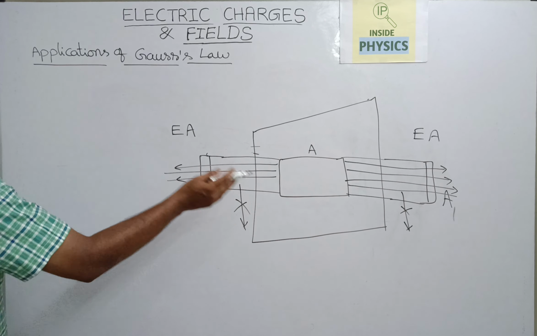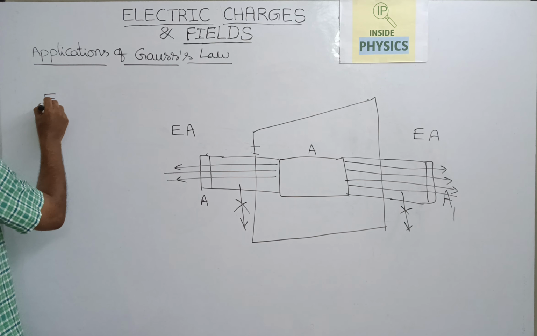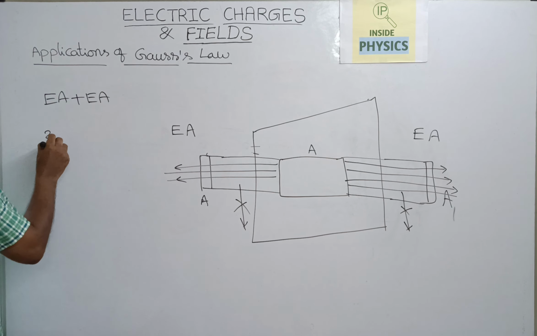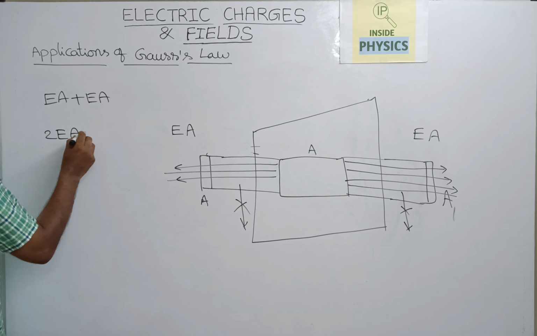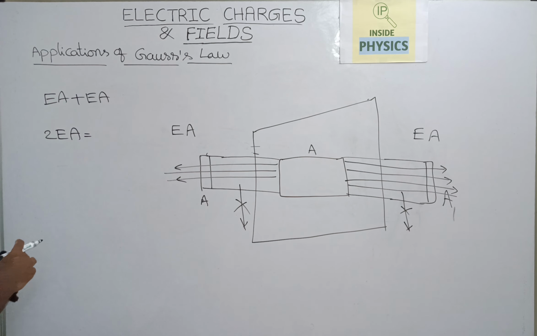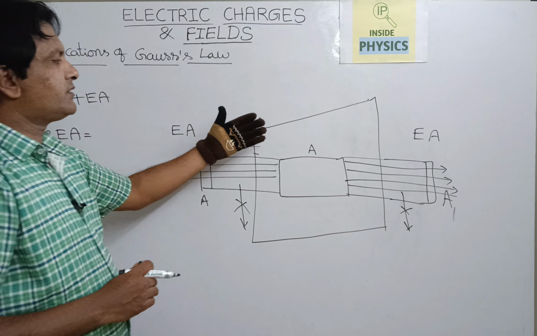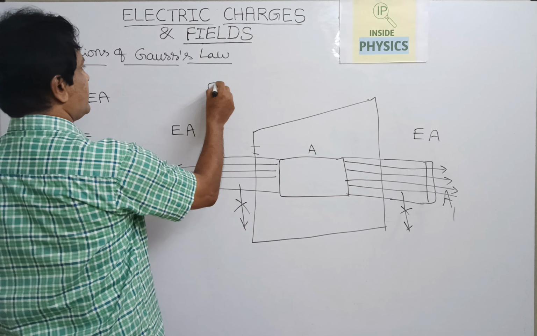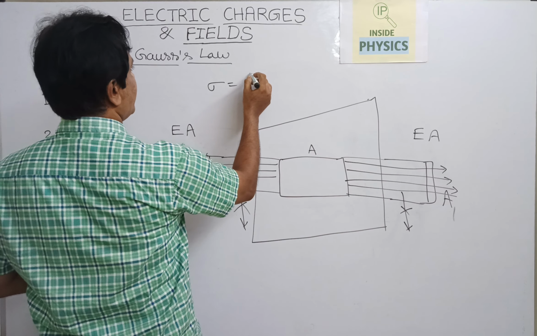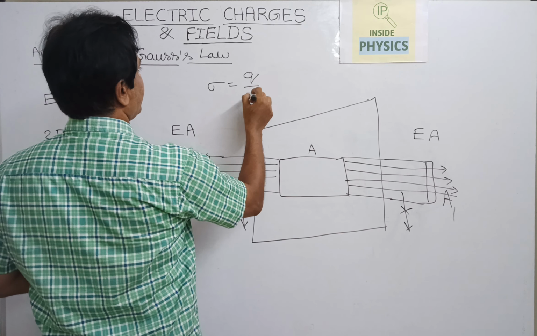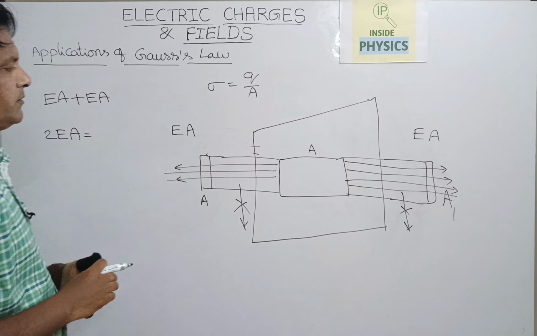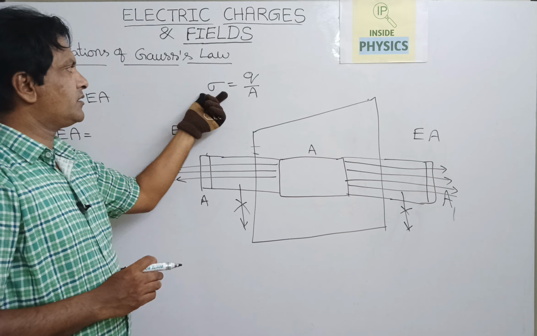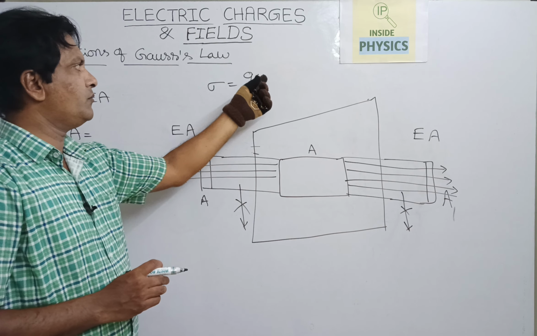So the total electric flux is EA plus EA, which is 2EA. The plane sheet has a surface charge density, represented by sigma, that is nothing but Q by A.